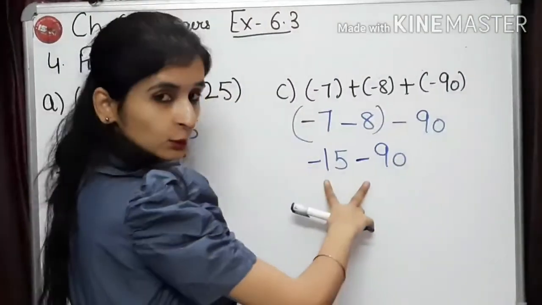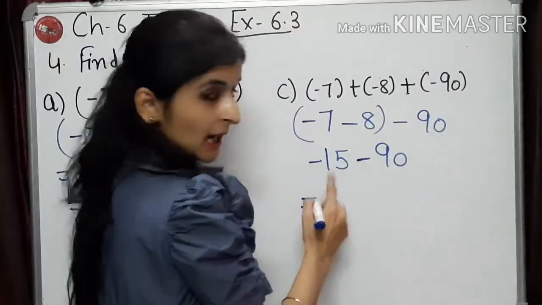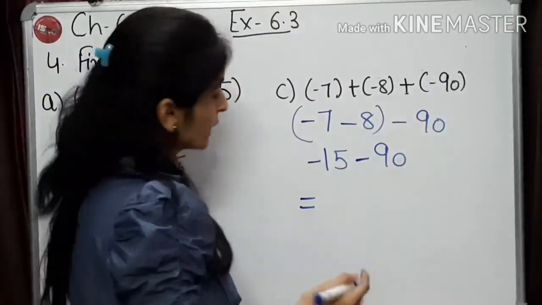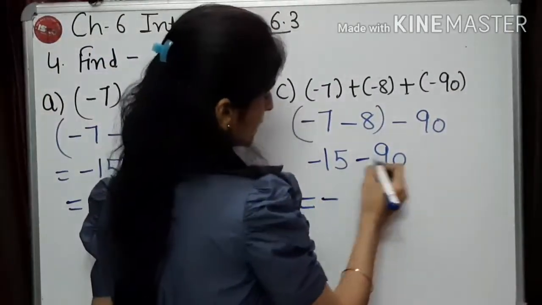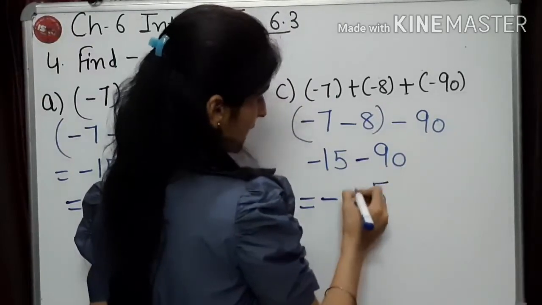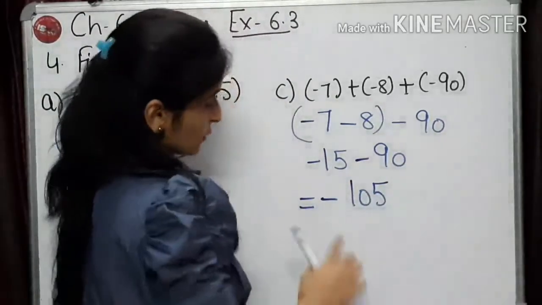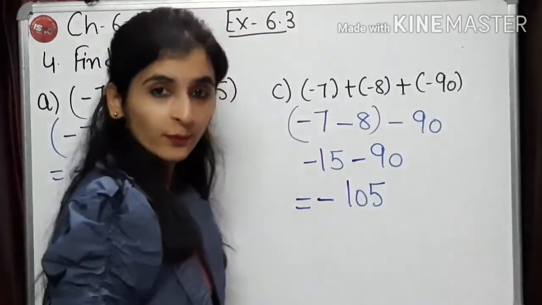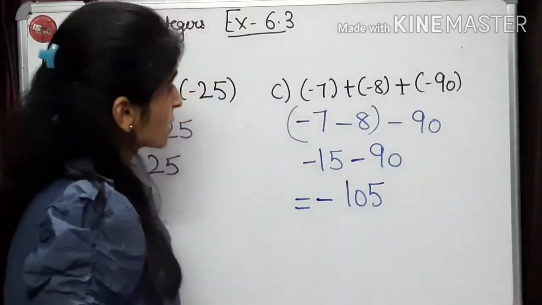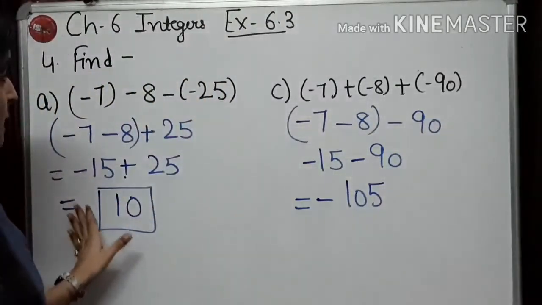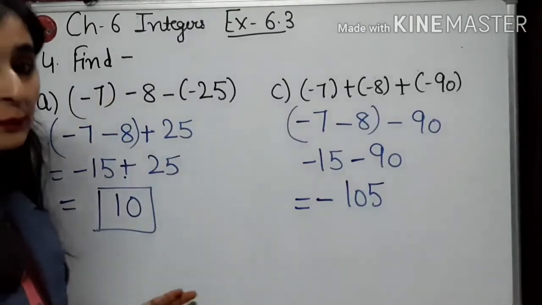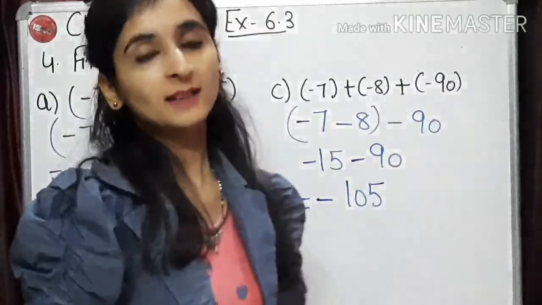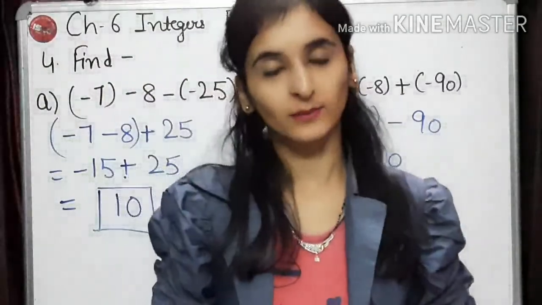Now again we have two negative signs. So we will add them, but the sign will be of negative. So 0 plus 5 is 5. 9 plus 1 is 10. So minus 105. So children, these are the two parts of question number 4. Rest of the 2 parts you have to try to do yourself.